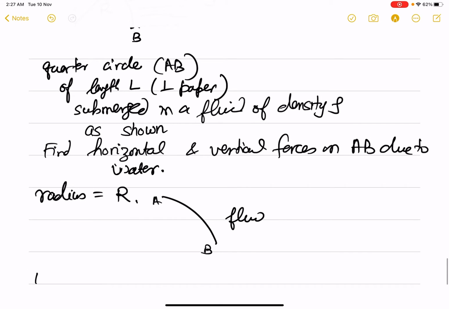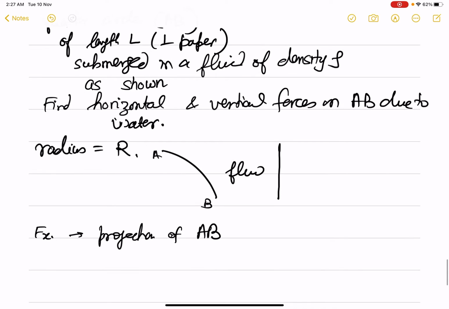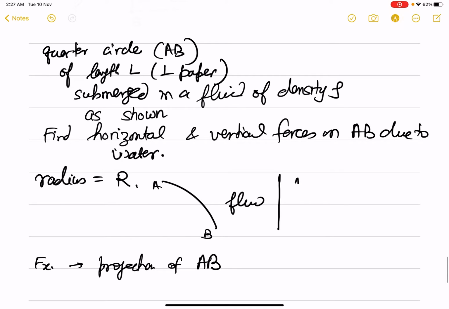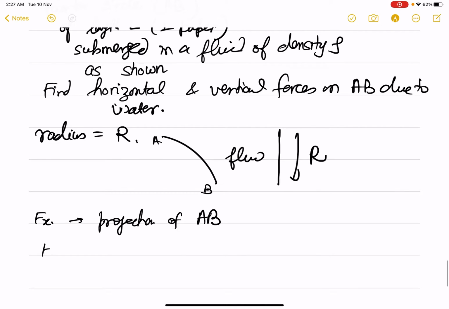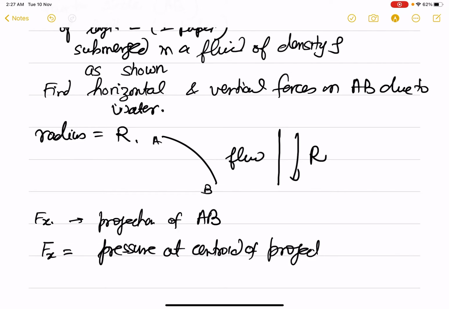Now to find Fx, we take a projection of AB, which gives us a section R, and now we find Fx will be equal to the pressure at centroid of projected area multiplied by the projected area.